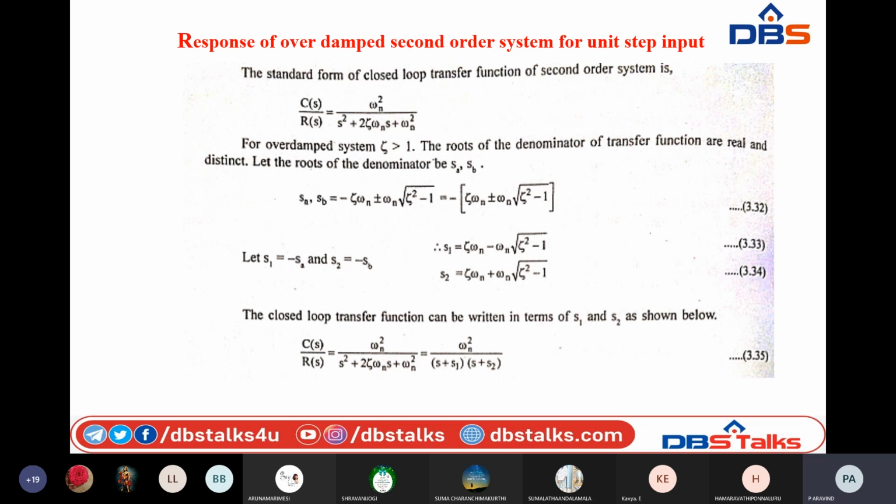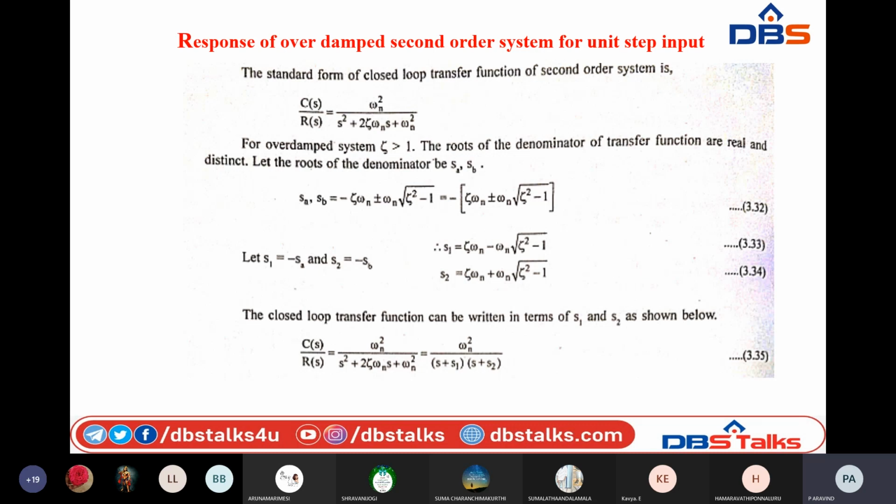Simply find out the value of A, that is the product of C(s) and s, by letting s equal to 0. Similarly, find out the B value, that is B equals the product of C(s) into (s + s1), letting s equal to minus s1.